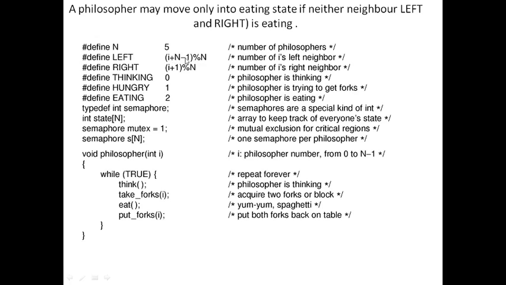So this logic will calculate that (i + N - 1) mod N, where N is equal to 5, will tell you the index of the left fork, and similarly (i + 1) mod N will tell you the index of the right fork. So we will know the indexes, and three values: thinking means 0, hungry means 1, eating means 2. These values will also be made use of.